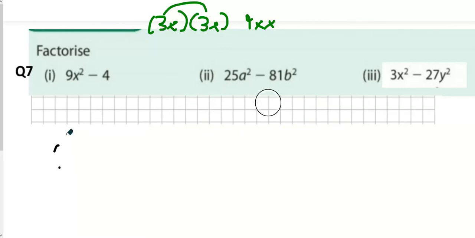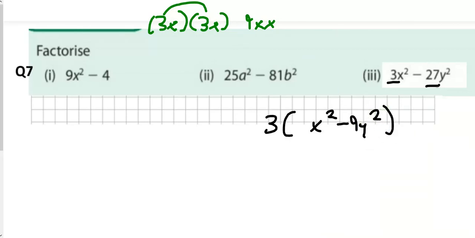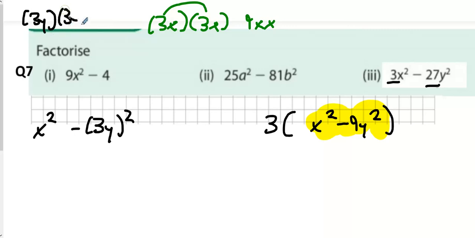The third question is a bit tougher, as there's a number you can take out in common. You can take out 3, and you're going to be left with 3 times x squared minus 9y squared. And if you look at this part just on its own, the x squared and minus 9y squared, you could change that into x squared minus 3y all squared, because 3y multiplied by another 3y is in fact 9yy, which is 9y squared.